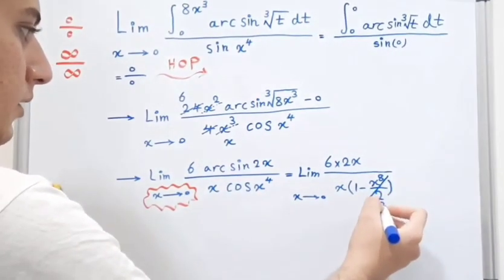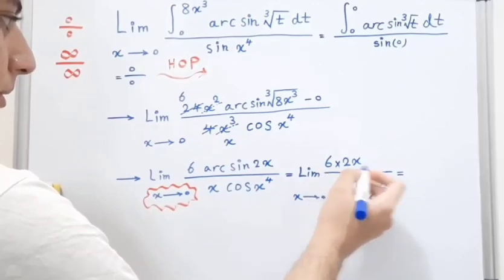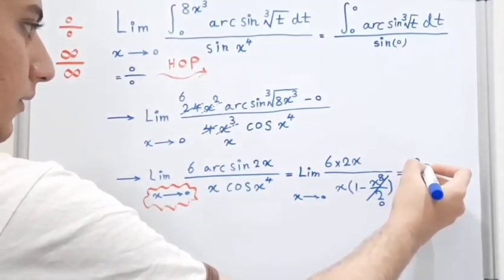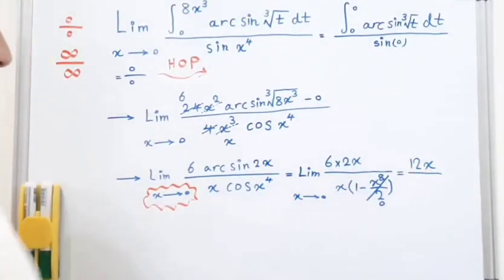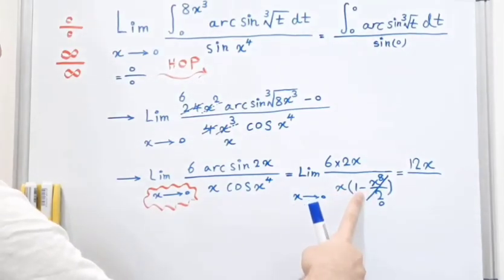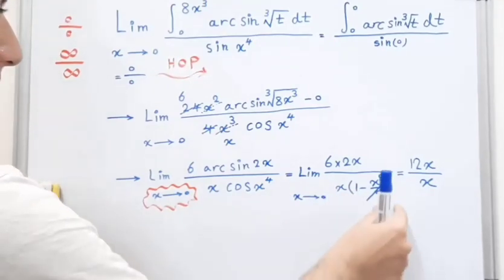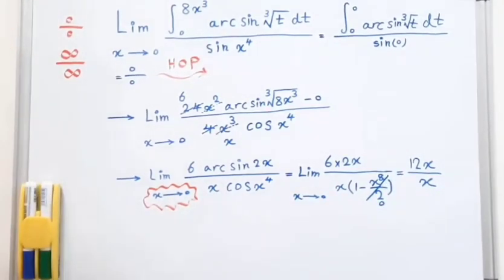It will become 0 and it will reach this. 6 multiplied by 2 will be 12. x over x multiplied by 1 will be x, and multiplied by 0 will be 0, that we don't want. That is not useful for us.